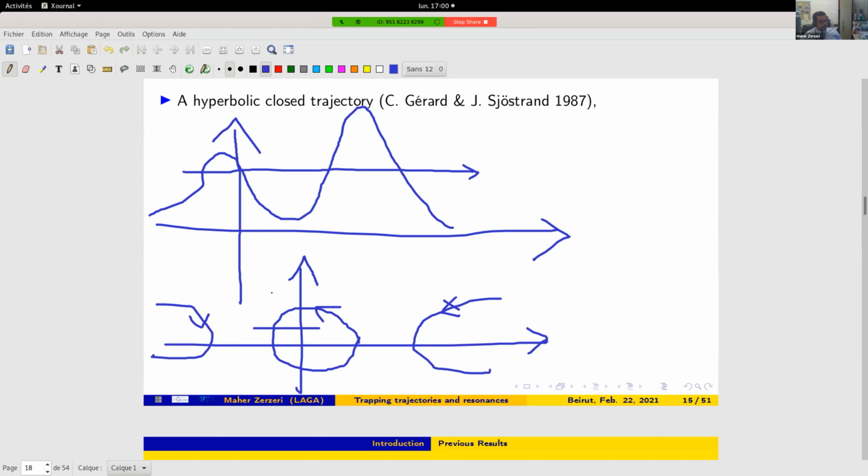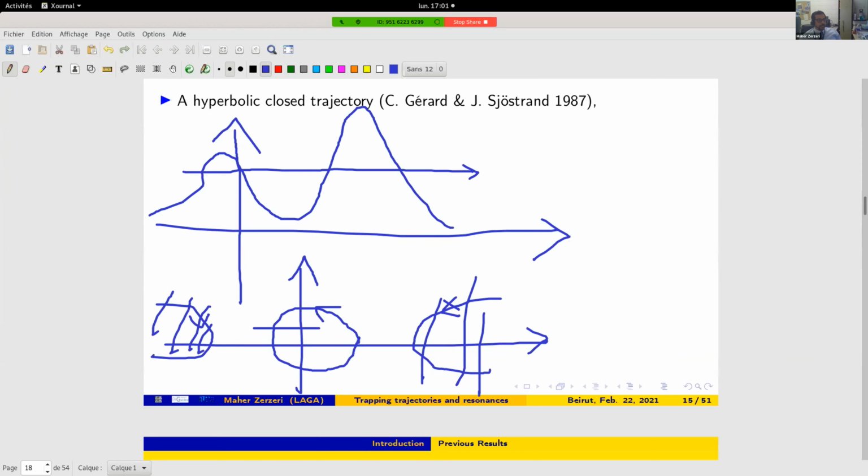The same thing we do, we kill this by distortion, the unbounded, and now you have a hyperbolic closed trajectory, and this becomes an eigenvalue problem.